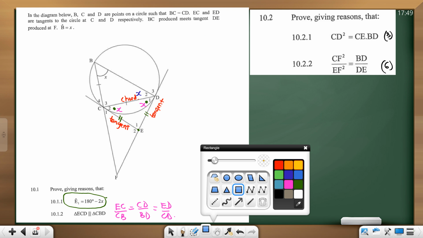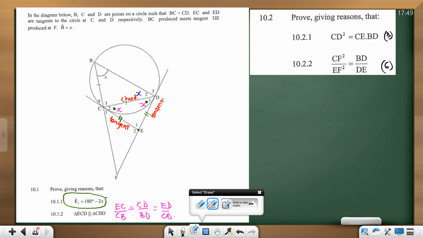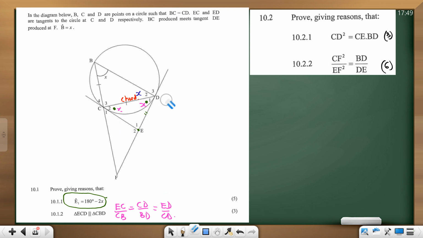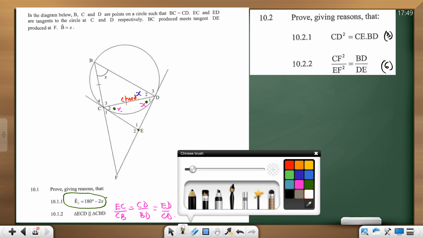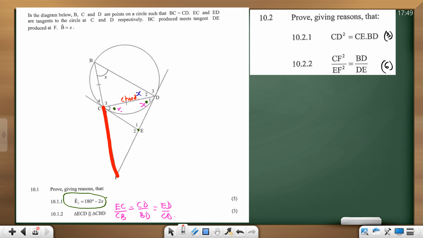My good learners, I saw something now. Let us try to trace the lines that they want. They want what? CF. Everybody watch this. I want to show you something. CF and EF. Okay, first thing I see, that's a triangle. But look, you are doing math for a long time.